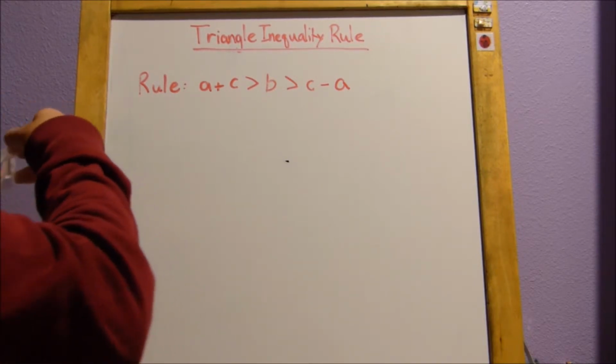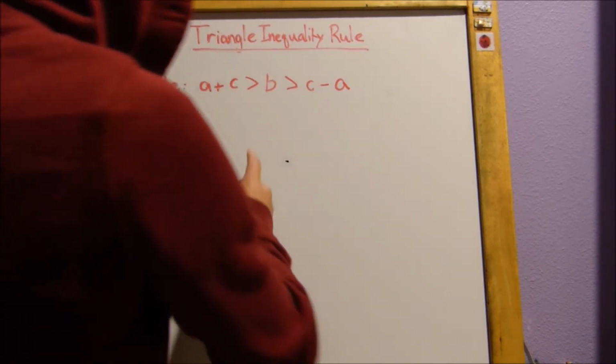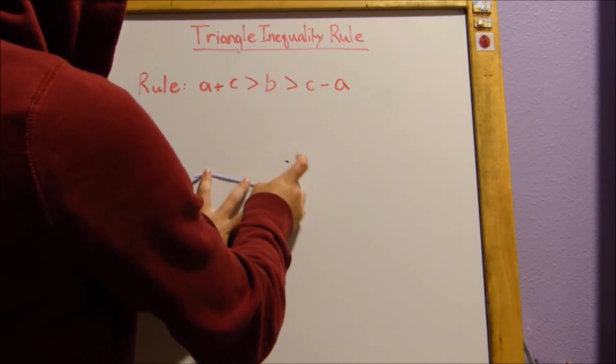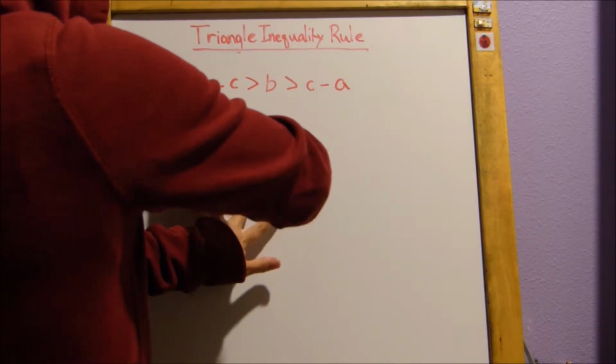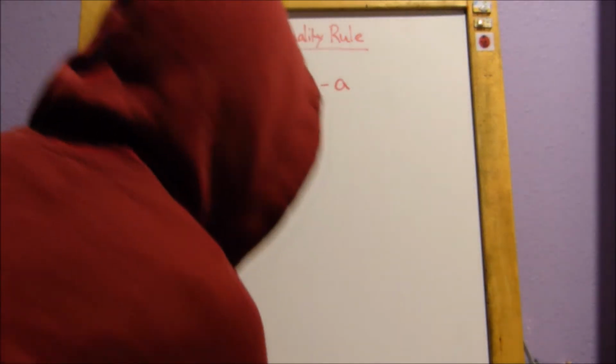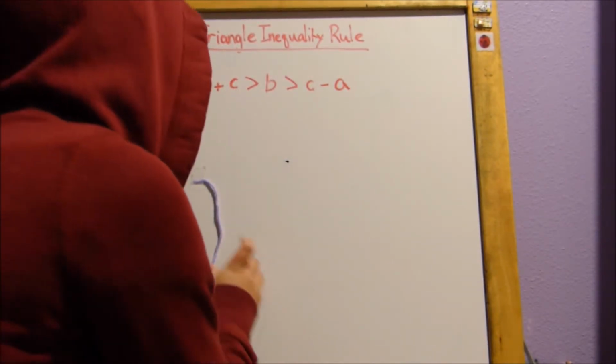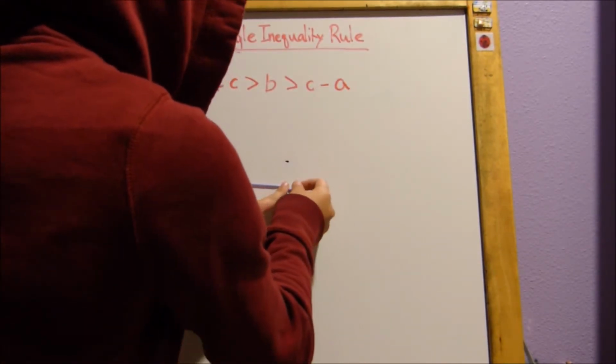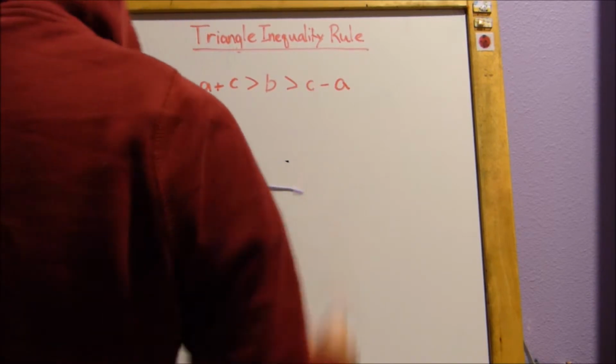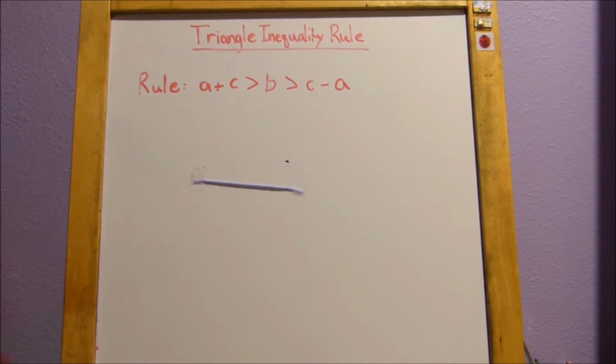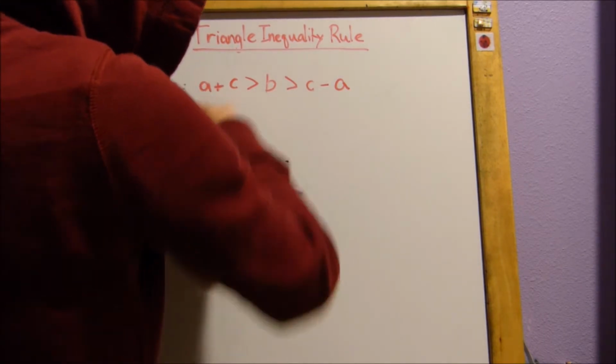So let's tape that up here. I hope this works out. Here's our 6-inch side length of our triangle. Stretch it out. Now we have another side length that is 3 inches.